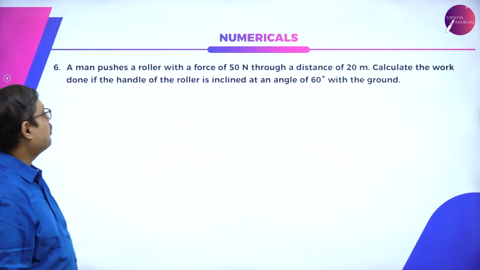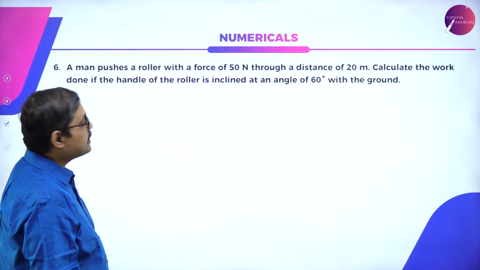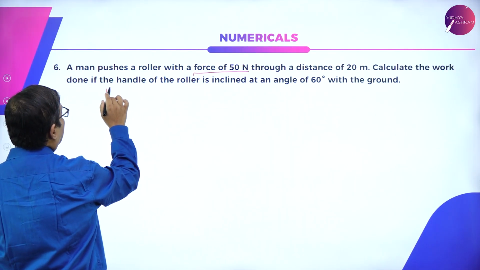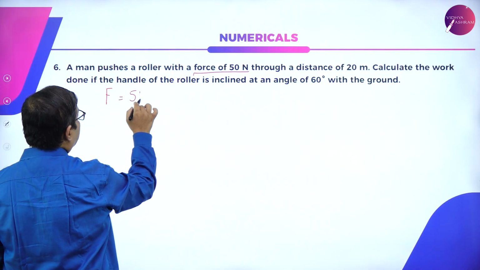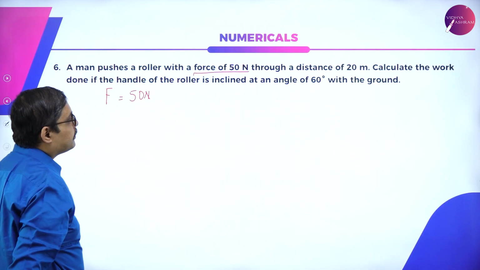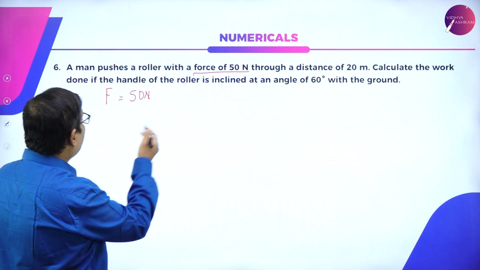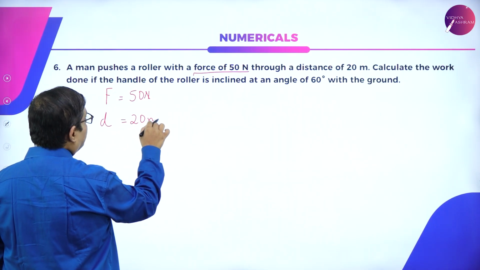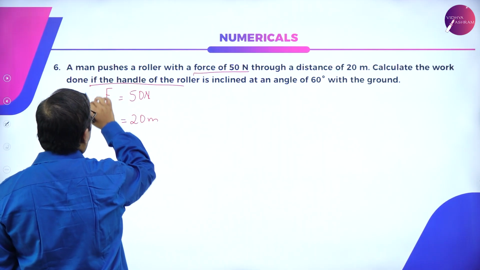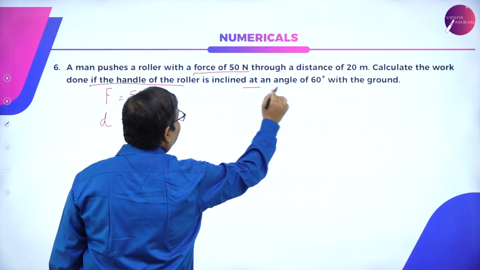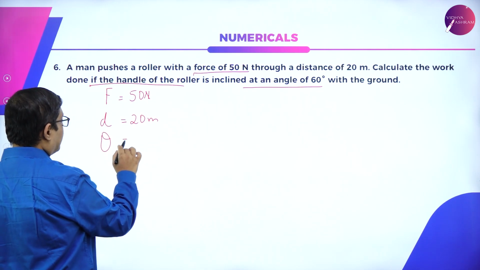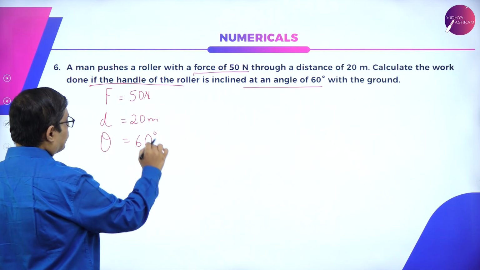Let us have a look at one more problem. A man pushes a roller with a force of 50 Newton. A force of 50 Newton is applied on the roller through a distance of 20 meter. The displacement is 20 meter. Calculate the work done if the handle of the roller is inclined at an angle of 60 degree. So theta equals 60 degree.